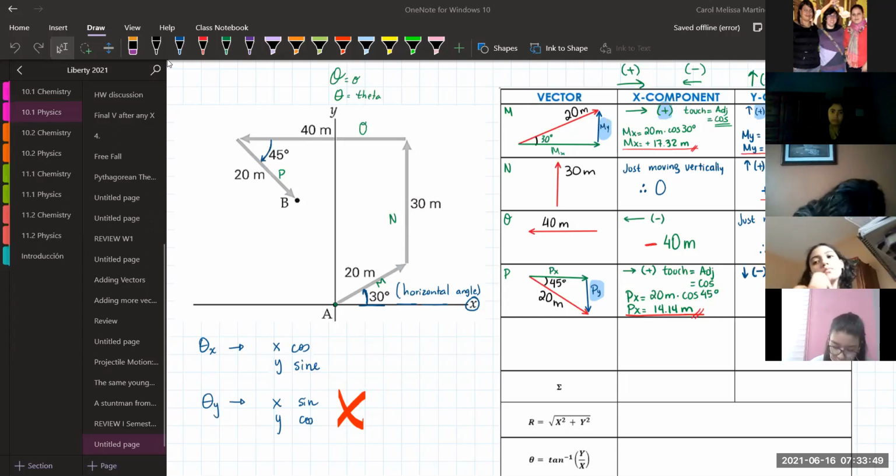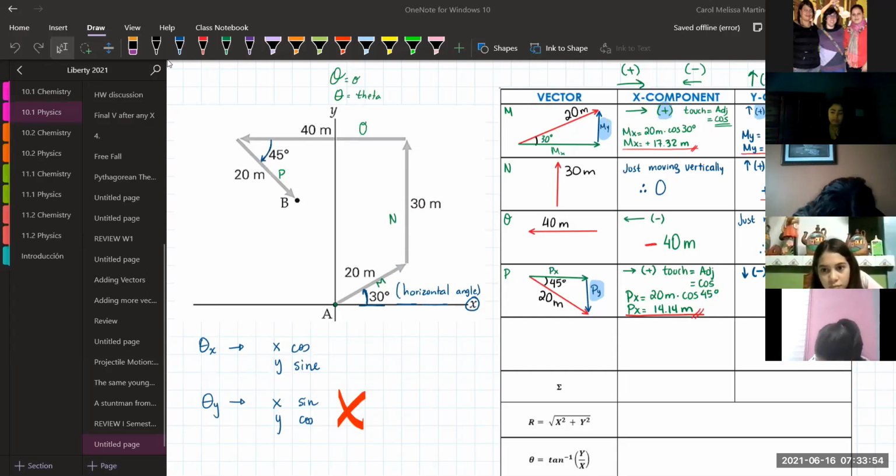Then Py is in front of the angle, so it's going to be opposite. And if it's opposite, we use sine of the angle. So we say Py is equal to the vector, which is 20 meters, times sine of the angle 45. And because the angle is 45, the answer will be 14.14, negative, because it's going down.